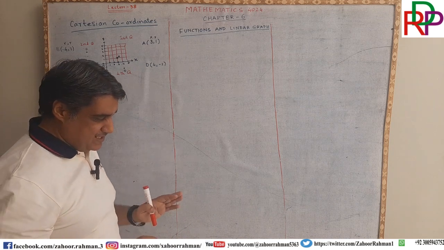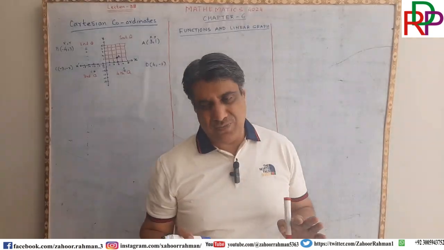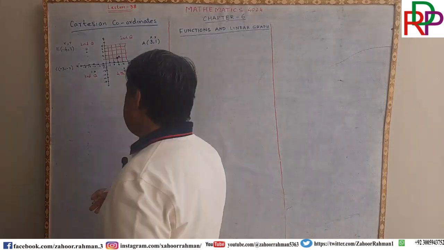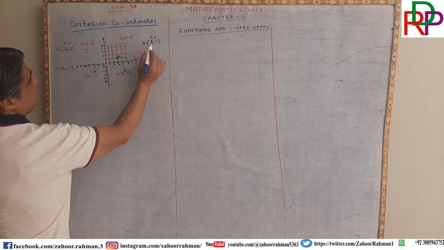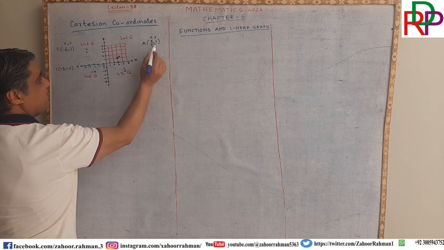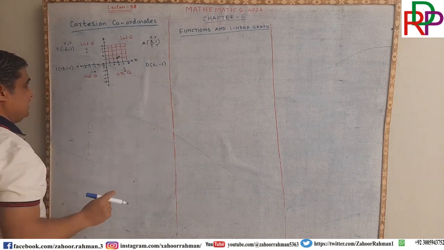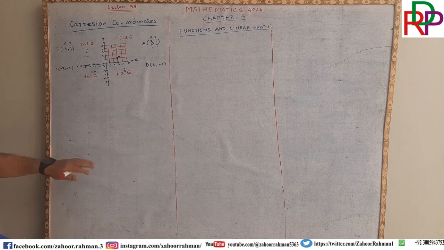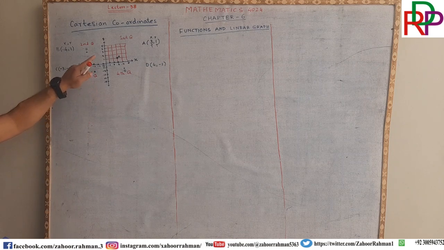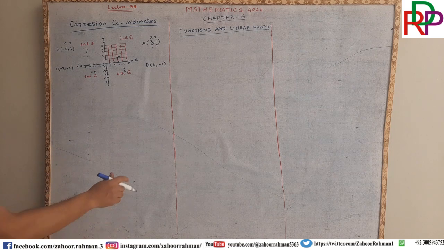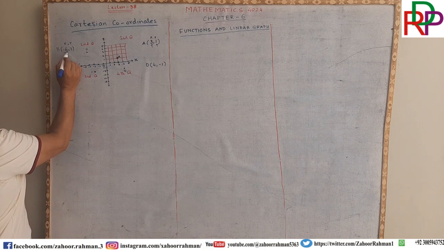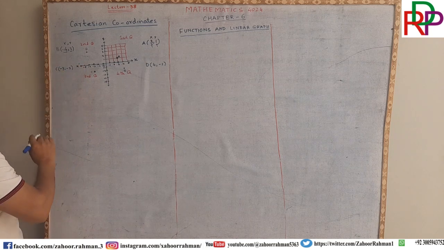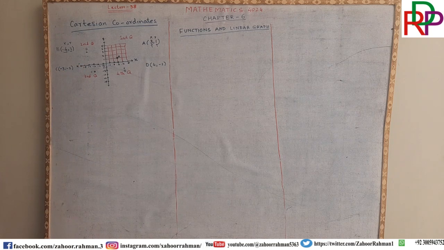What I was telling you, which was very important, is that if both the values of the ordered pair are positive, then that point will lie in the first quadrant. If the first value is negative and the second value is positive, then it is lying in the second quadrant.